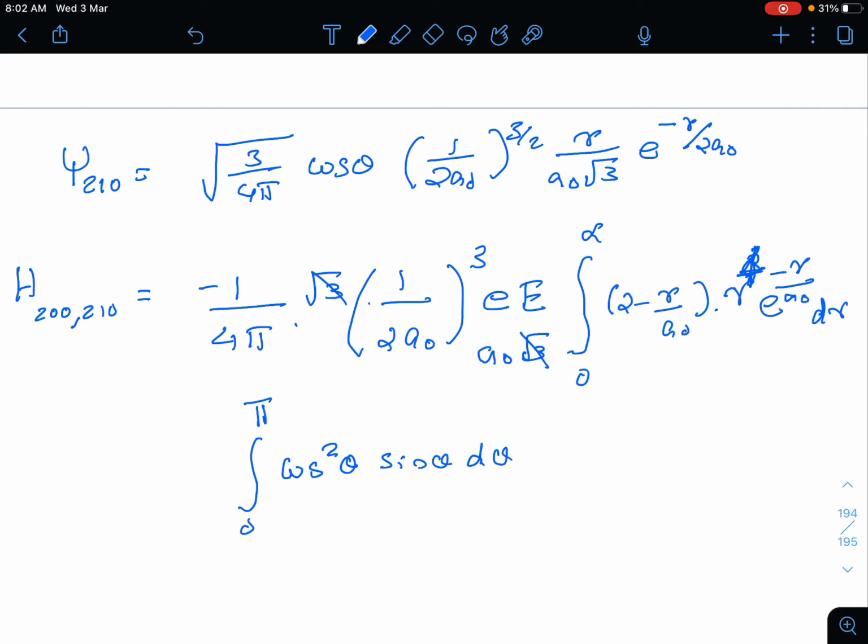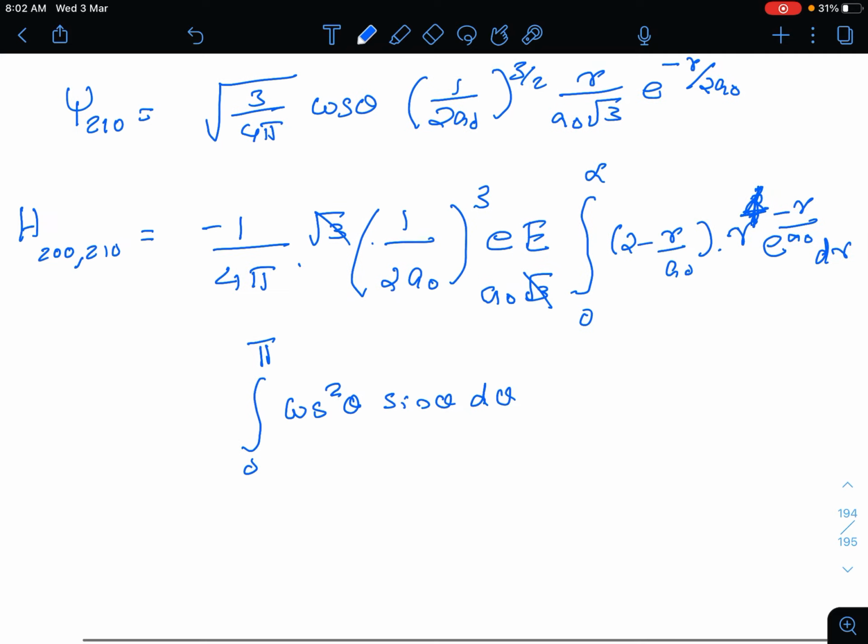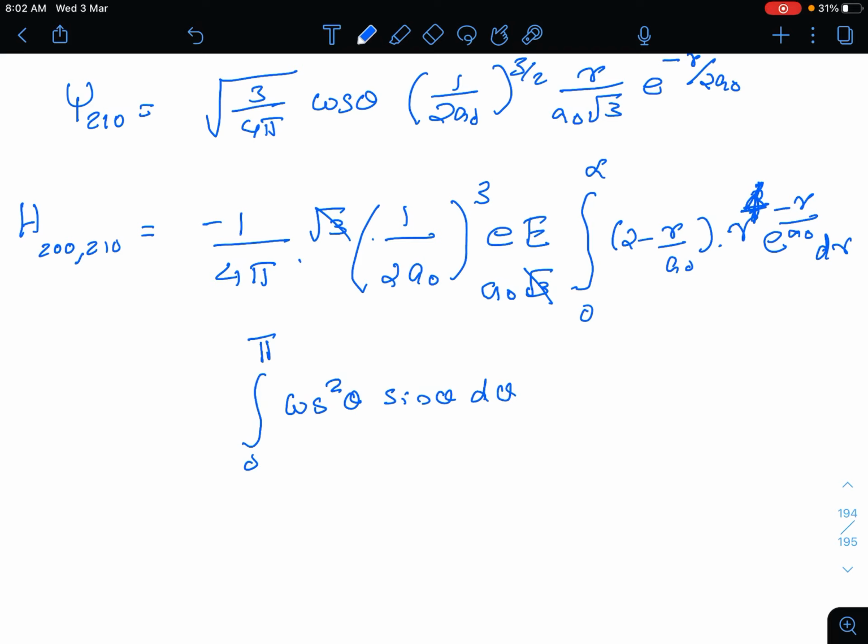Good, cos square theta sin theta d theta.